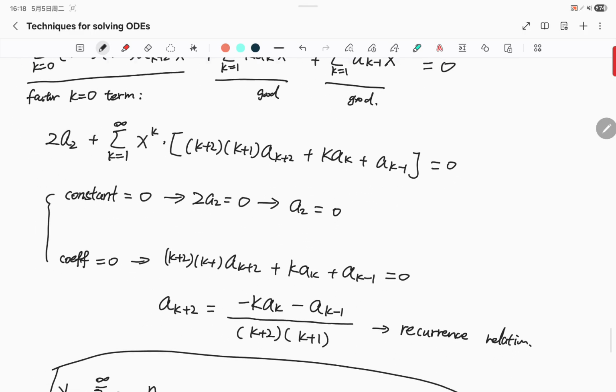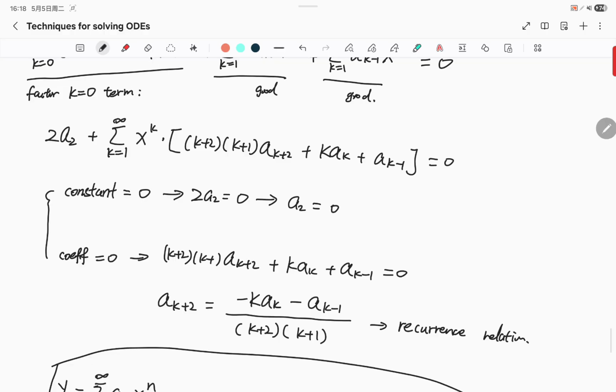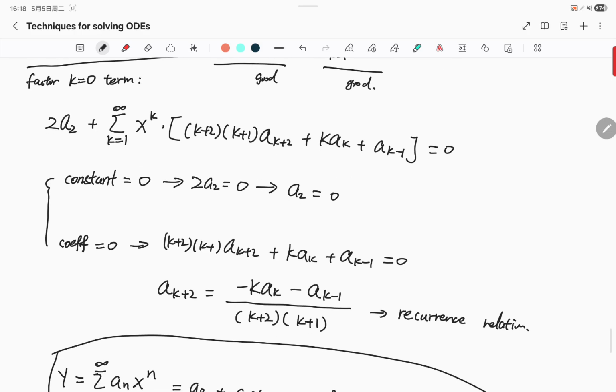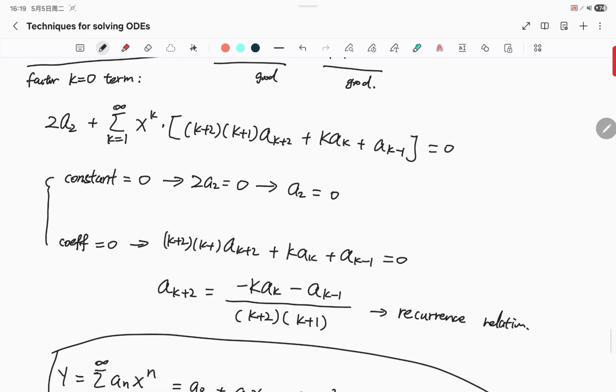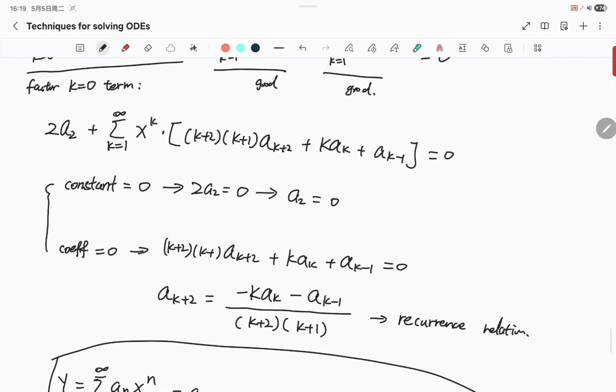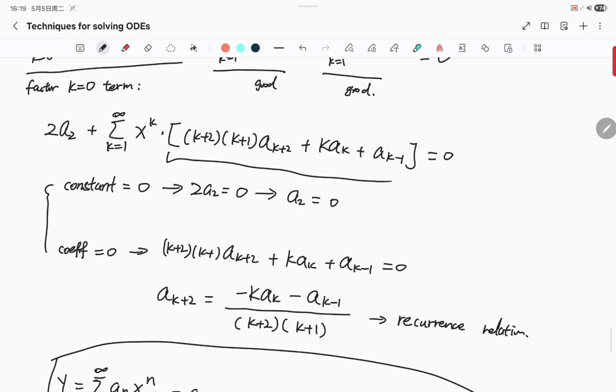And then we are able to combine the three series together into this one long series. And now we're gonna say that since this plus that is equal to 0, that means my constant is 0, 2a2 is 0, a2 is 0, and the coefficient of x to the k must be 0. That means this must be 0.